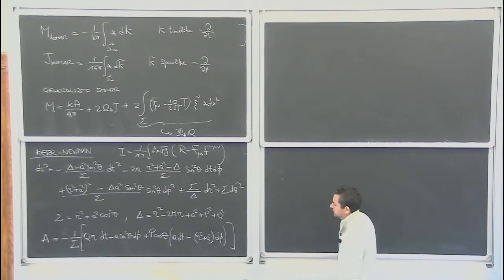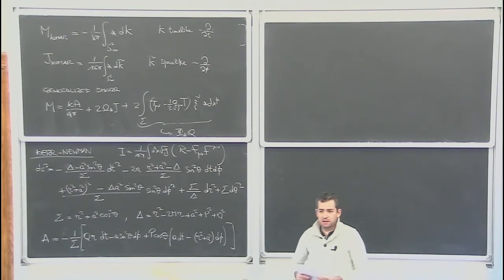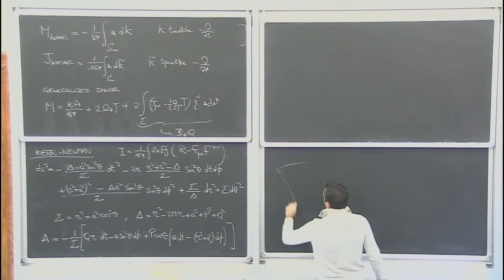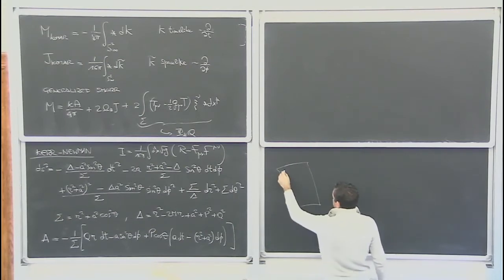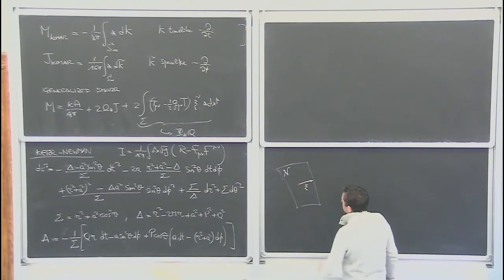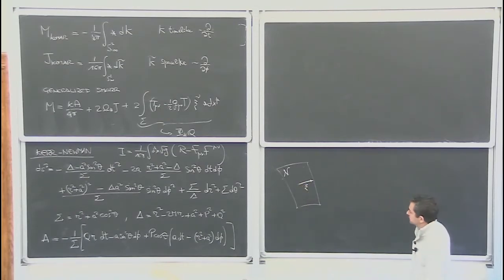And yesterday, when I discussed the surface gravity, I had some confusion that I would like to clarify. So we had this hypersurface N that was our null hypersurface, and there was the normal Killing vector xi. So this was the Killing horizon.